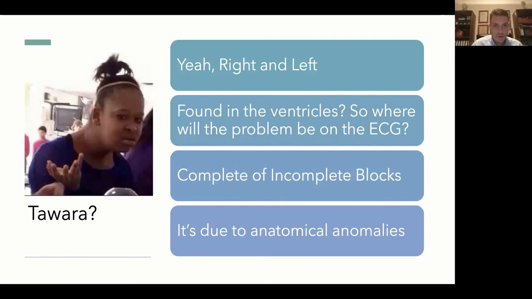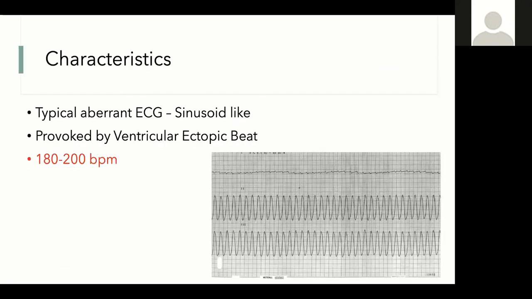Okay, you said ventricular flutter. You see, the ventricular flutter has this characteristic sinusoid-like shape. It's always like this. Do you see it? Yeah. Do you get it?